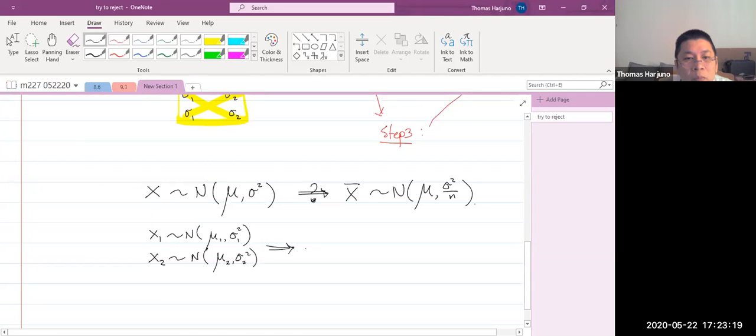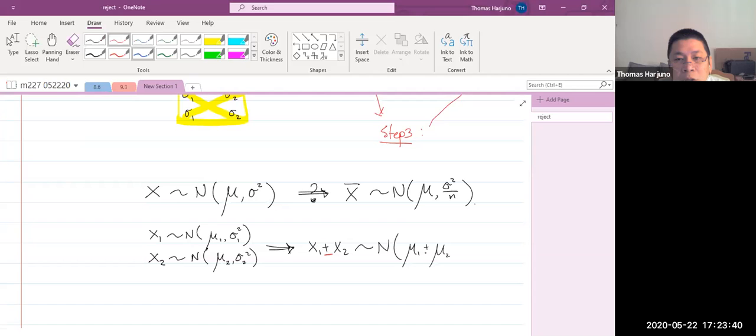Then x1 plus x2, when you add them or subtract them, will still be normally distributed with mean mu1 plus mu2, or mu1 minus mu2 if you subtract.